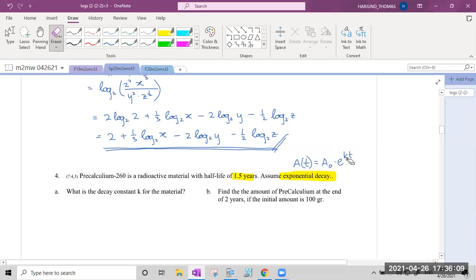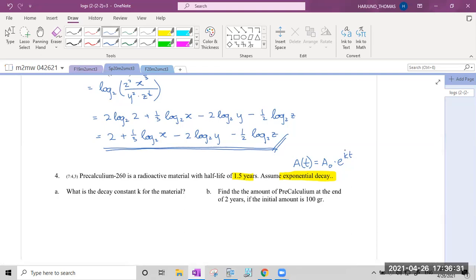Some textbooks use negative kt on the exponent so that the k becomes positive. I will keep the k negative, so I don't use the positive for this coefficient of k. Now, what is the decay constant k for the material?